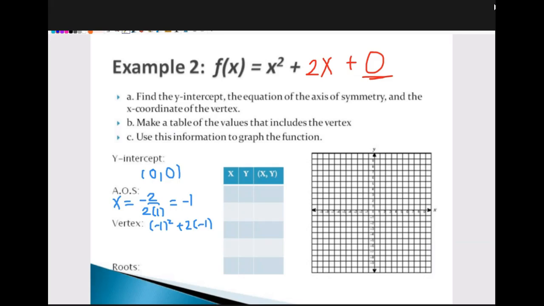So you get 1 squared minus 2, so you get -1. So my vertex is at -1, -1. So in that table, you have x minus 1, y minus 1.